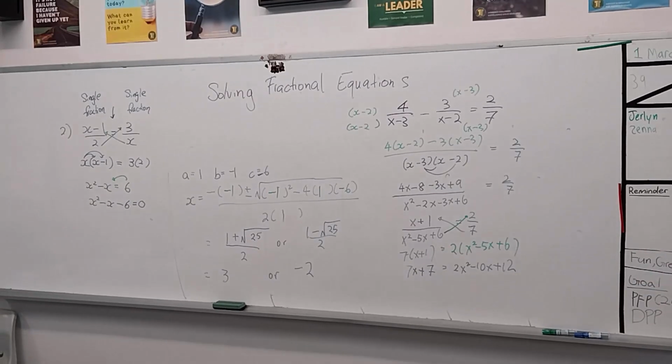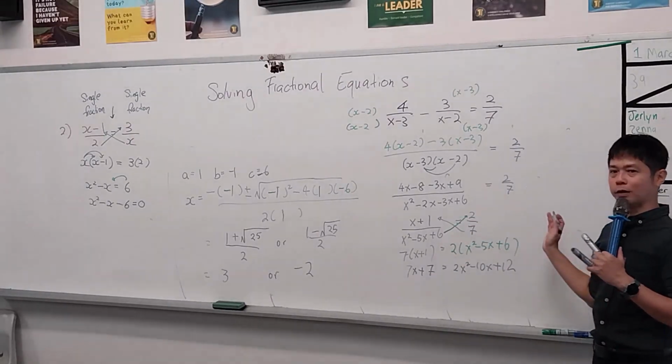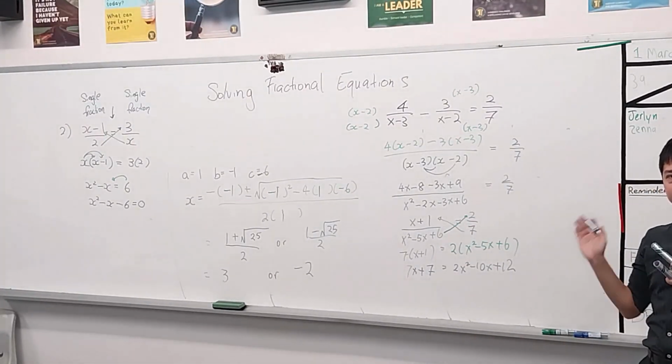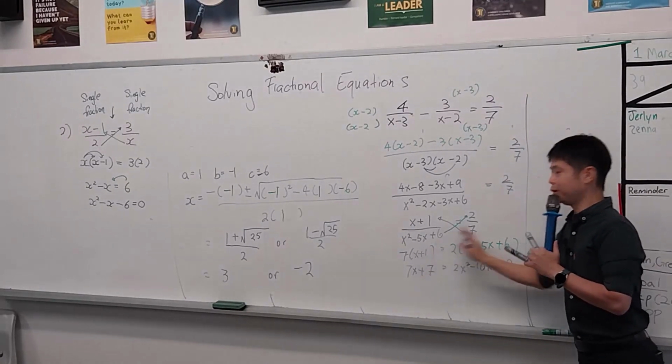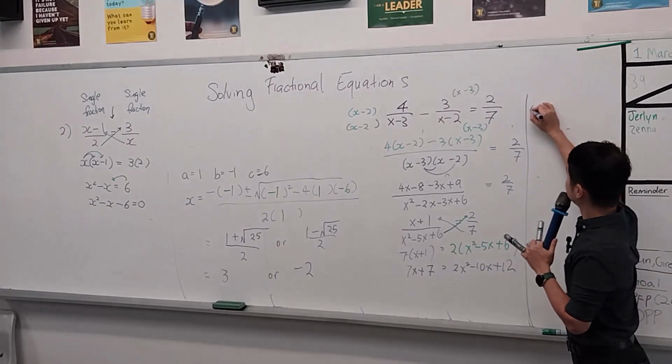Can you now tell us what is the next step? In order to solve it, some of us may be stuck. We have got to move everything to one side so that the left-hand side is 0. So we will shift everything to the right.